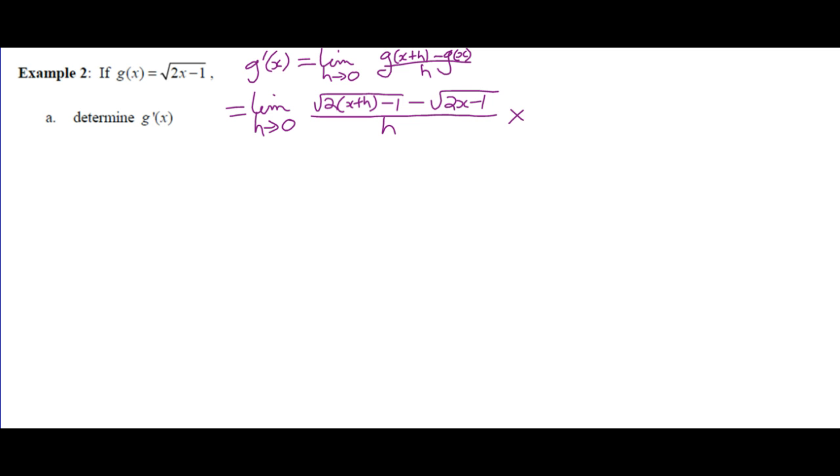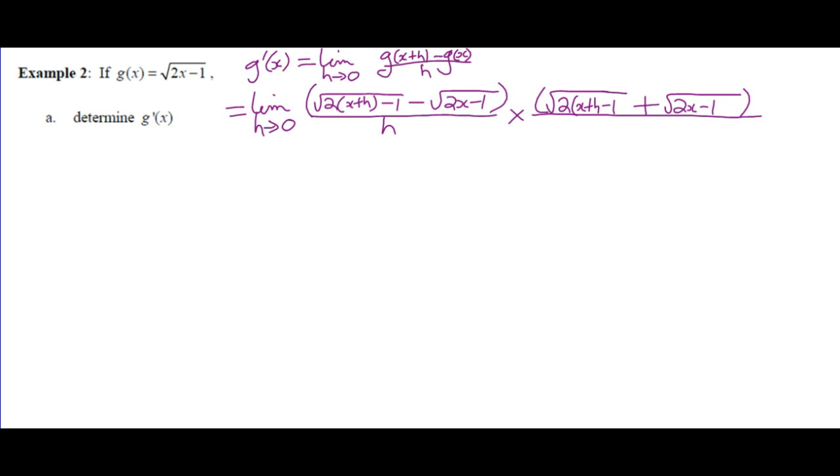Okay, so we're going to multiply by, all right, so let's bracket things. So what do we got? The square root of 2 times x plus h minus 1 plus the square root of 2x minus 1, bracket, right?